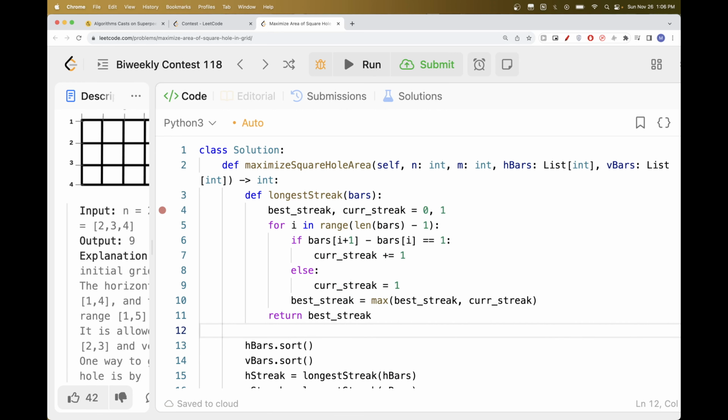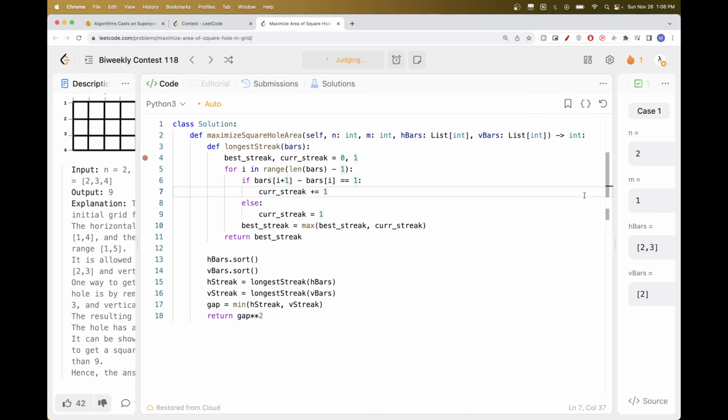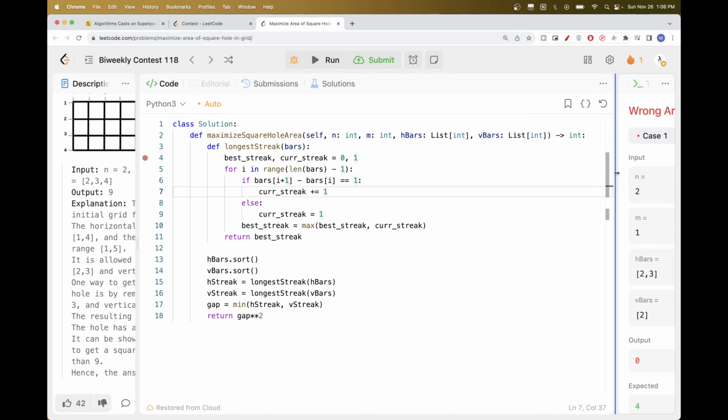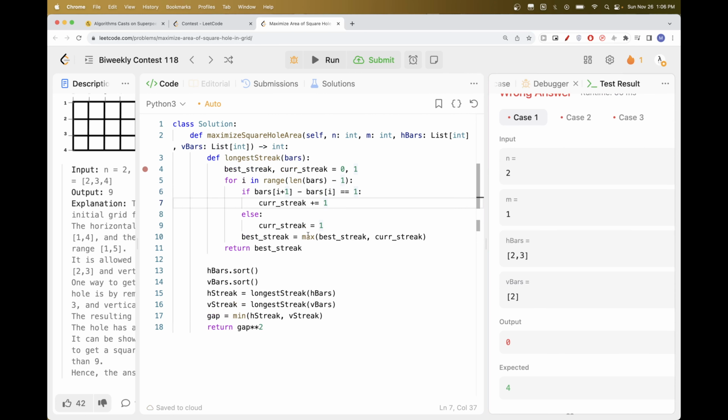And that's pretty much it. So if we run this, looks like there is one single problem. Let's see. Of course the best streak is 1 since that's the current streak.